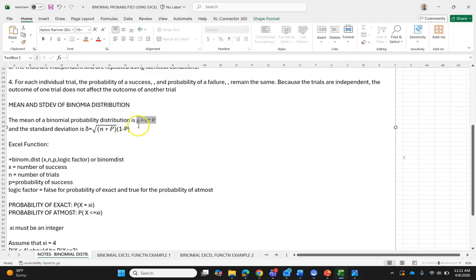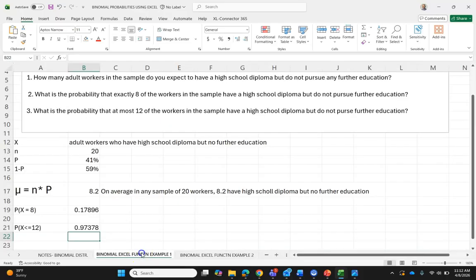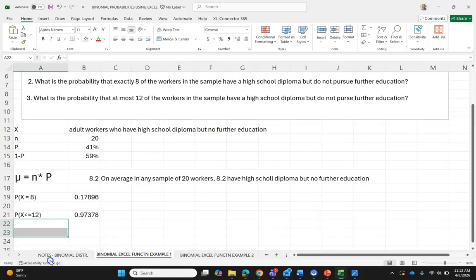To get the expected number of students, that is actually the average. We're looking at the average, and we'll also look at the standard deviation. So we will use the formula, which is this one here, and I just copied and pasted the formula.